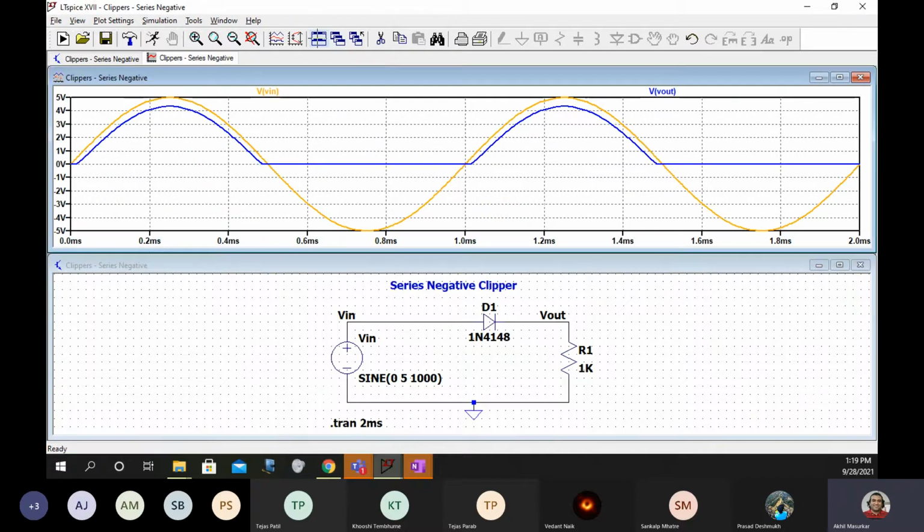Now I want you all to show me this graph and this circuit. Post it in the chat box. Okay, Harsh.